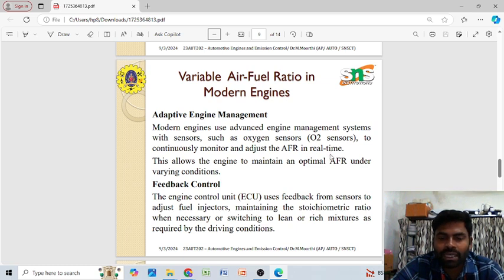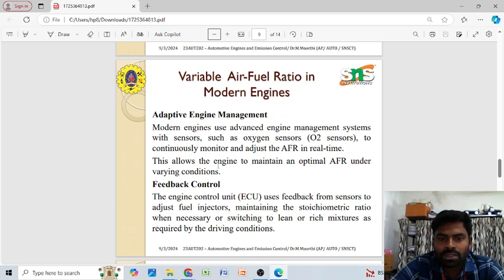So we can automatically supply enough oxygen or air, the carburetor will directly adjust the air fuel ratio, or it sucks more air into the chamber, and we can make the required air fuel mixture.